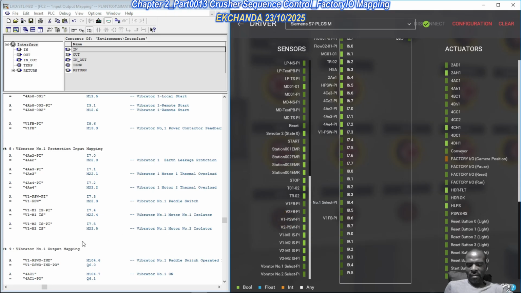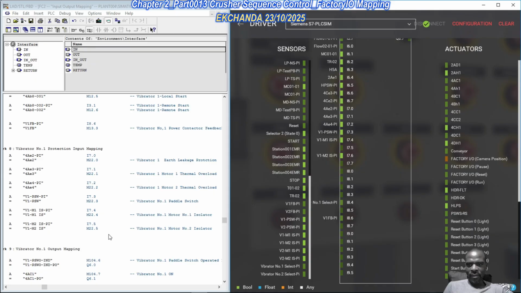And then vibrator 1 motor 1 isolator is mapped to input 7.4. Vibrator 1 motor 2 isolator is mapped to input 7.5.